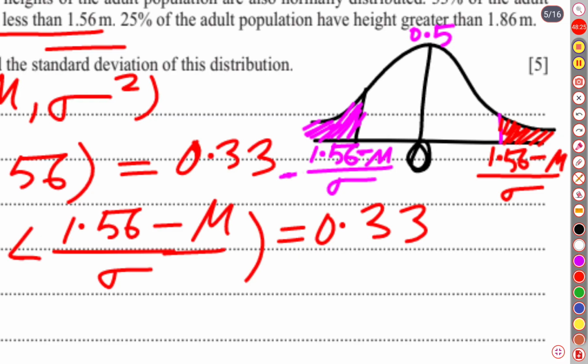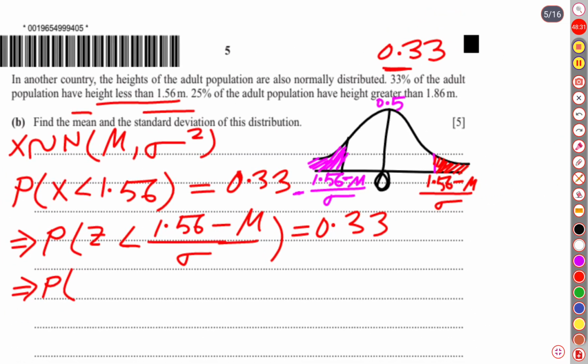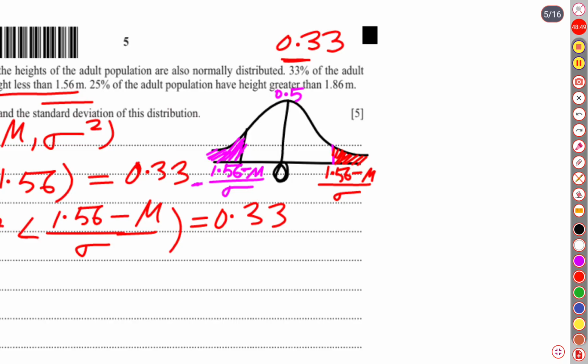Now look at this, how can we find this probability? None of the probabilities given in the probability distribution table is less than 0.5, it's always more than 0.5. So let me draw one more graph. Suppose this is our graph, and we require this portion. For this portion, we will subtract the whole.